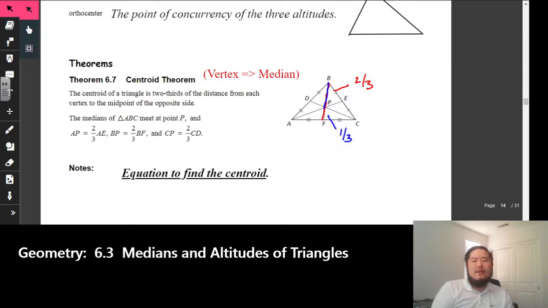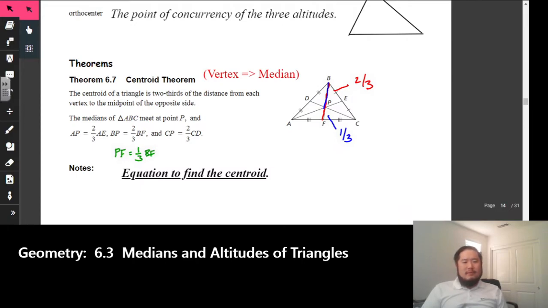Because you could figure out what 2/3 of the whole entire piece is and then subtract it from the entire segment. Or why do all that when you could simply figure out that P to F is equal to 1/3 of the whole thing, which is BF. So you could use either of two equations to find either the big segment, the 2/3 segment, or the 1/3 segment right here.